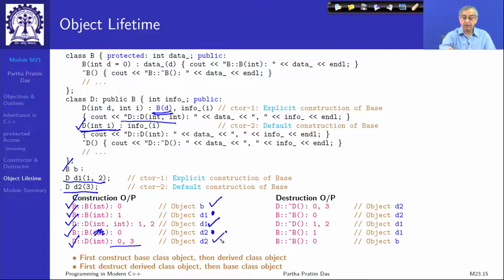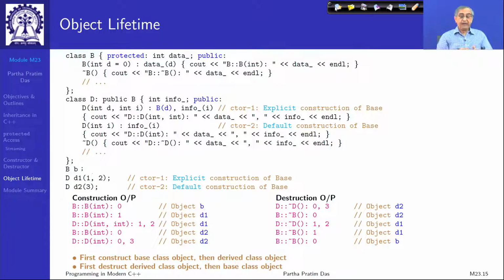This is how the lifetimes of these objects, as well as the base part embedded in the derived class object, proceed one after the other.